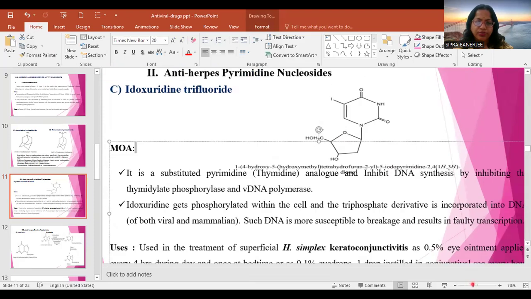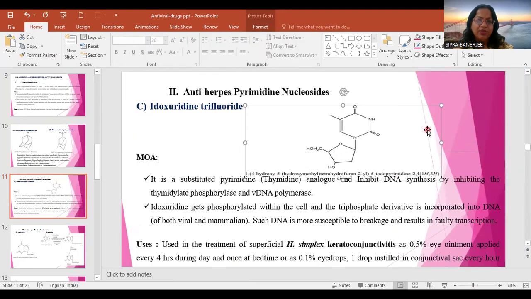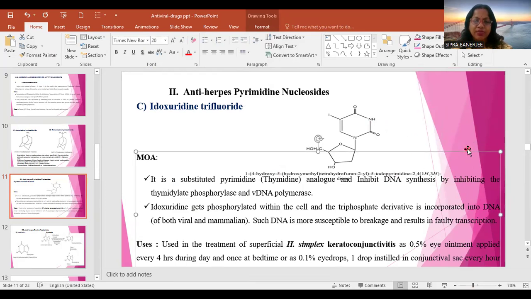Now it is a substituted pyrimidine, a thymidine analog. The thymidine analog inhibits DNA synthesis by inhibiting thymidylate phosphorylase and viral DNA polymerase. Idoxuridine gets phosphorylated within the cell as a phosphate derivative and is incorporated into DNA.